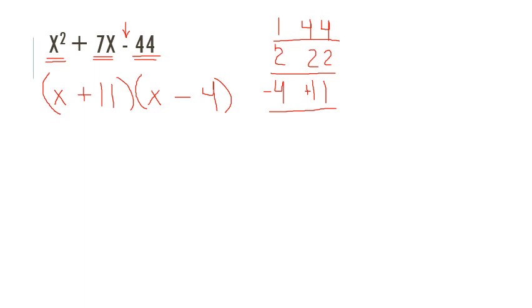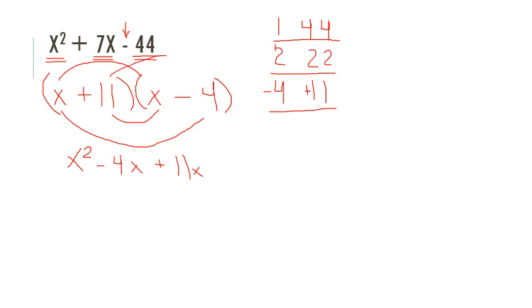Now I always like to check. The first term's pretty obvious, that's x squared. The outside terms, negative 4 times x. The inside terms, 11x. And finally, the last terms are negative 44.